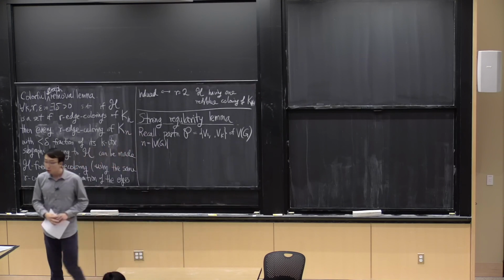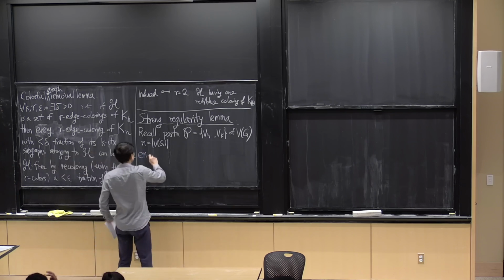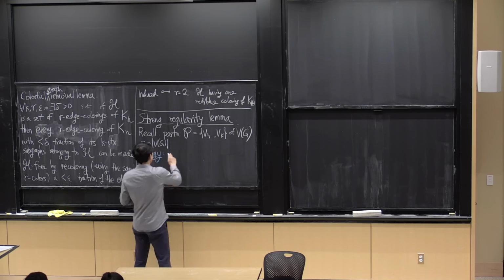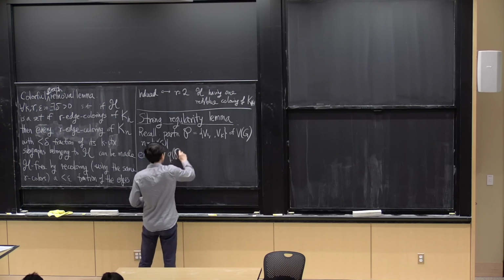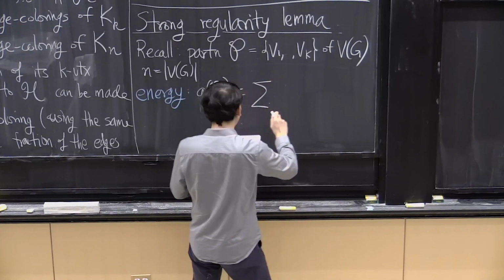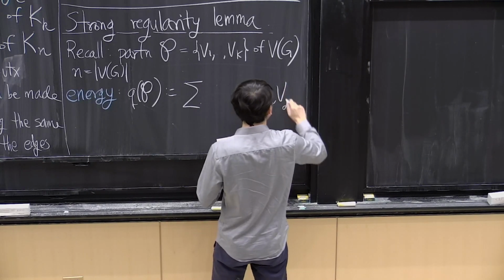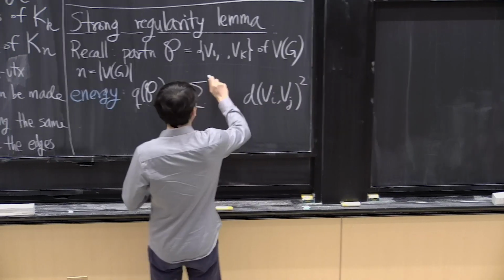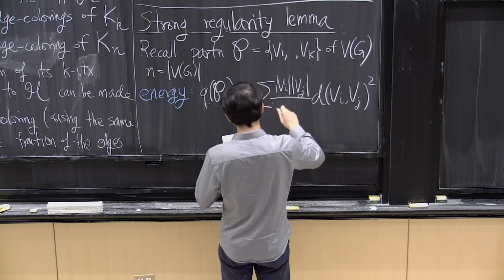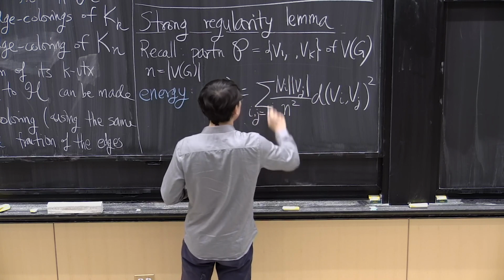we defined this notion of energy to be this quantity denoted Q, which is basically a squared mean of the densities between vertex parts, appropriately normalized if the vertex sets do not all have the same size.